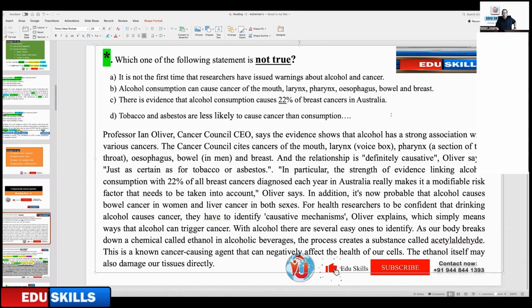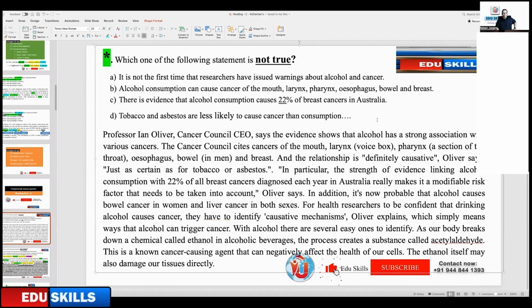In addition, it's now probable that alcohol causes bowel cancer in women and liver cancer in both sexes. For health researchers to be confident that drinking alcohol causes cancer, they have to identify causative mechanisms, Oliver explains, which simply means ways that alcohol can trigger cancer.